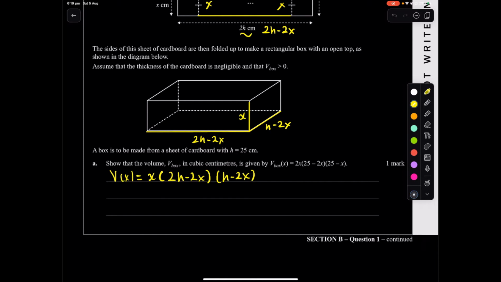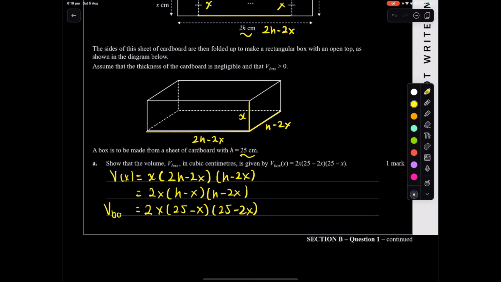If we take that 2 out, it'll be 2x times (h minus x) times (h minus 2x). We know h is 25 centimeters, so it means 2x(25 minus x)(25 minus 2x). Yeah, that's it, and we can write V box of x. Done. Looks the same. Perfect.